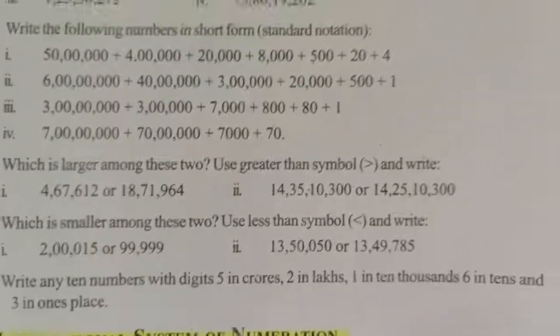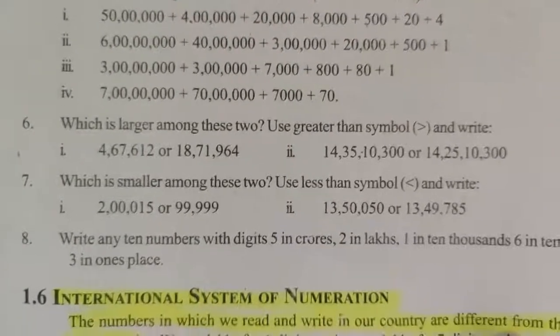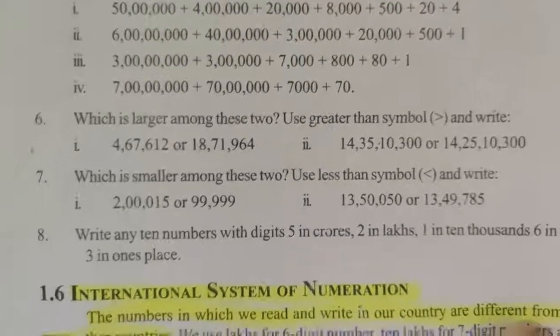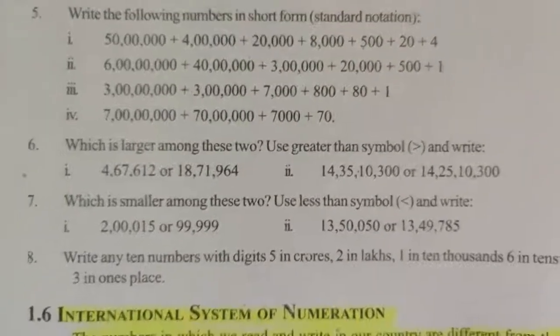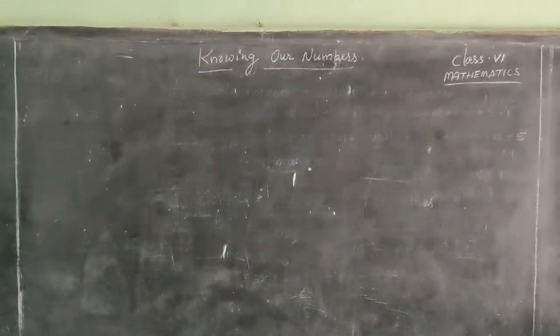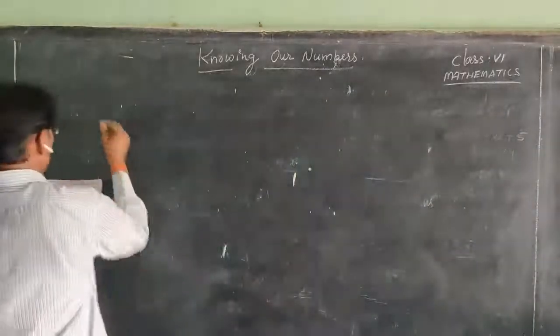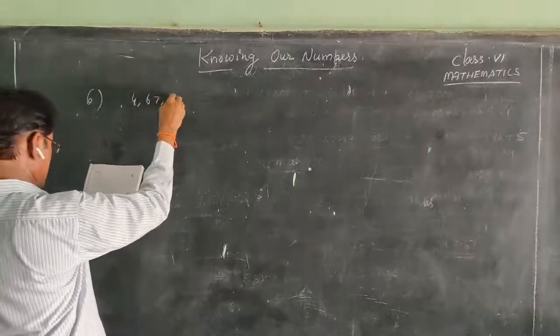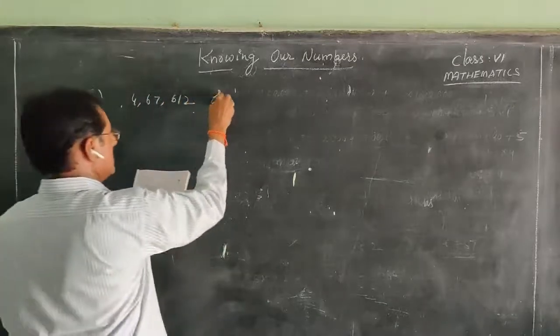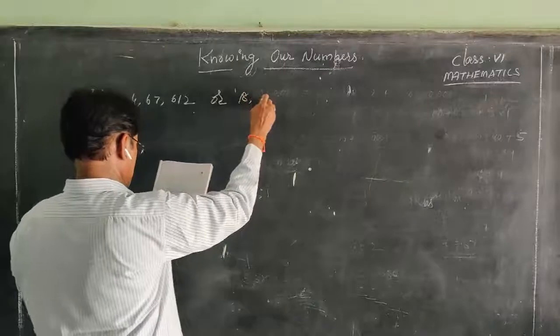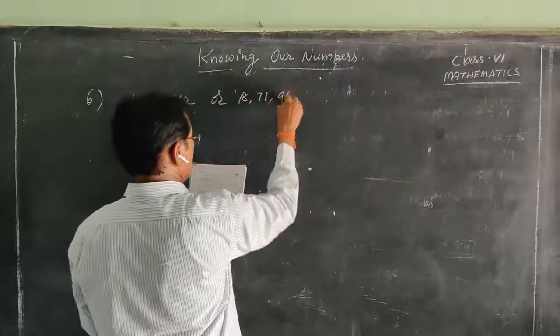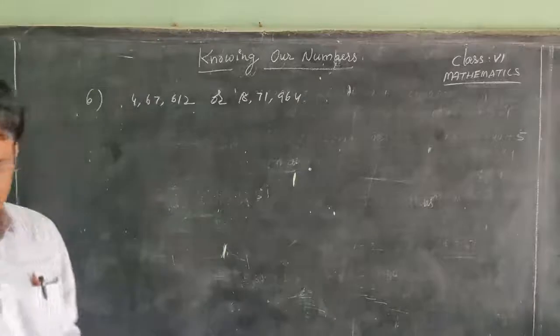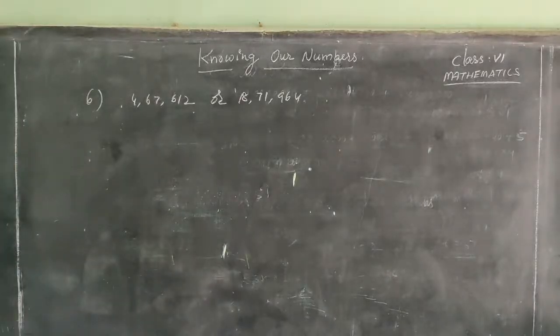Now, I am going to explain one sum from each of Romans 6, 7 and 8. You observe, these are the 3 sums. First, we have to find which number is the greater.